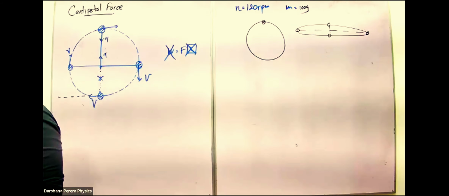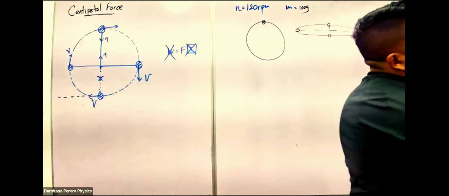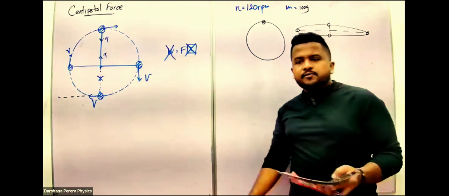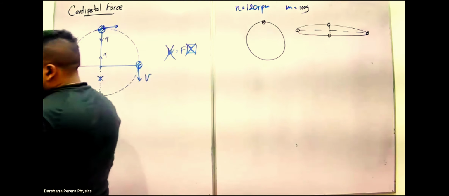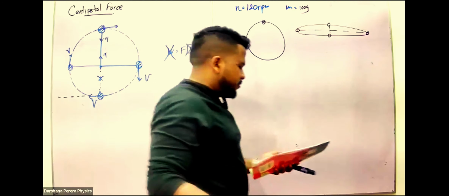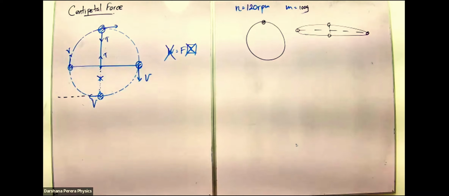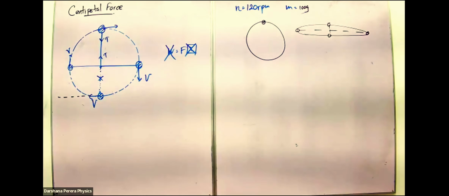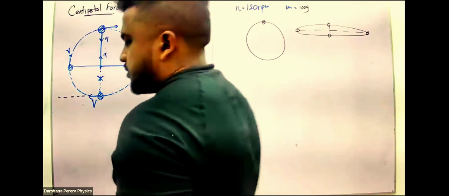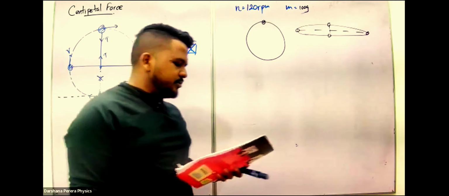Number one, find the angular velocity. It's given n, so we have to find the angular velocity. Number two, find the tangential speed. Number three, find the radial acceleration.